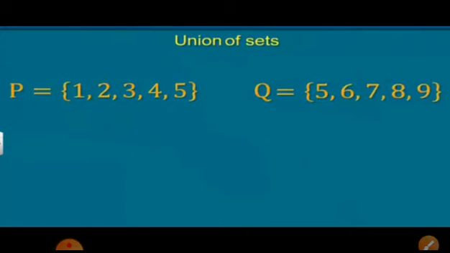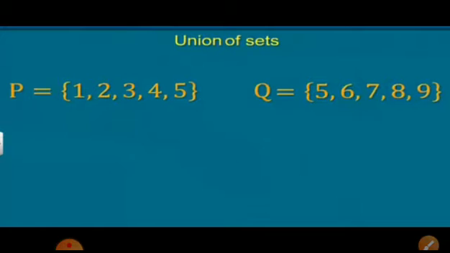Now you might have heard the word union. Union means all together. Yes, everyone will be together. That is the union. So the same logic is behind the union of sets.